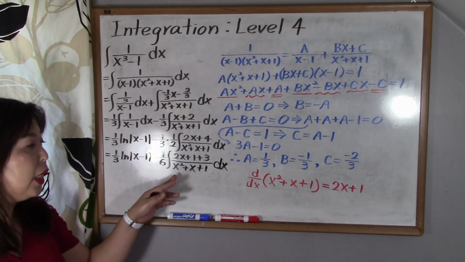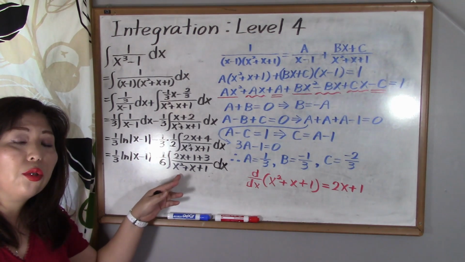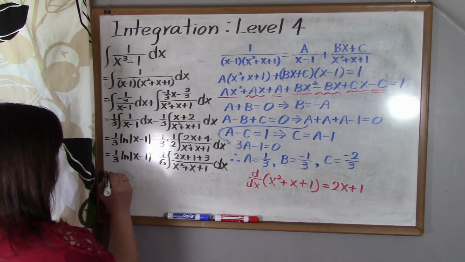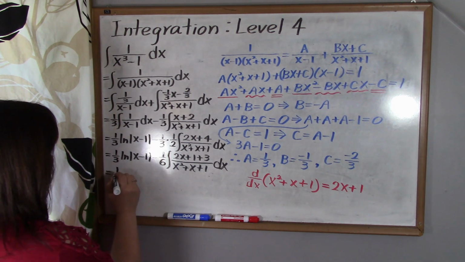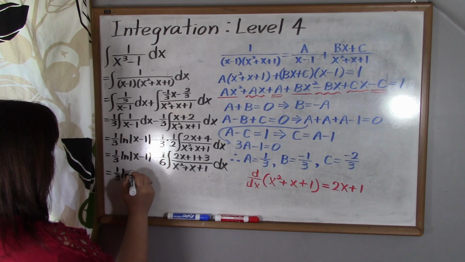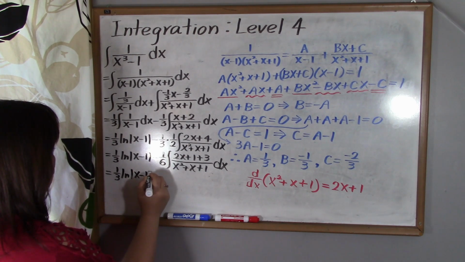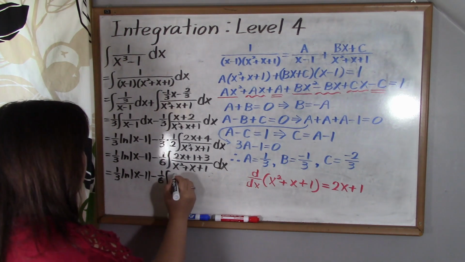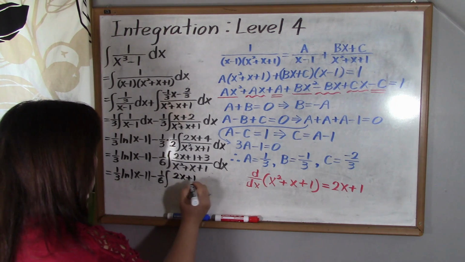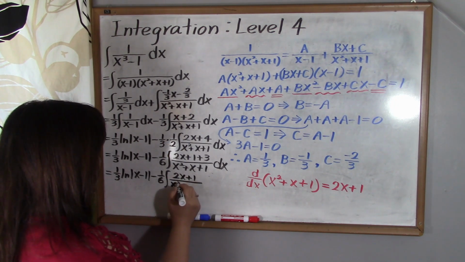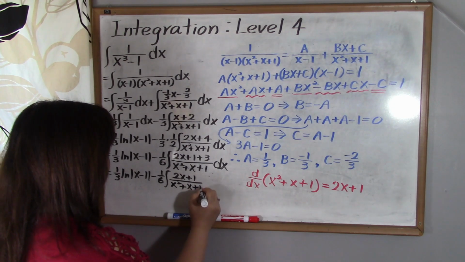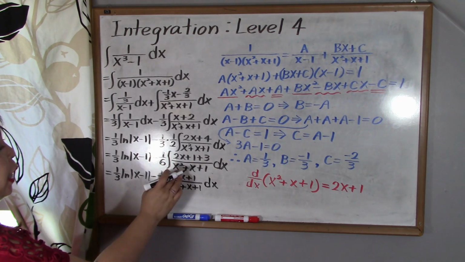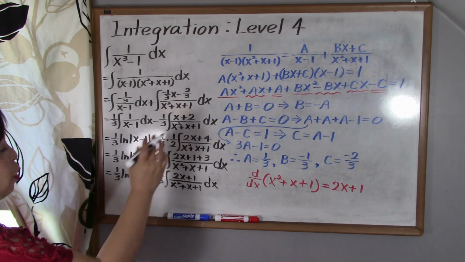So basically we're going to change this fraction into 2 fractions. Okay? So is equal to, I'm going to rewrite this again, 1 over 3 ln absolute value of x minus 1 minus 1 over 6 integral of 2x plus 1 over x squared plus x plus 1 dx. And then the next one, plus 3 over x squared plus x plus 1.